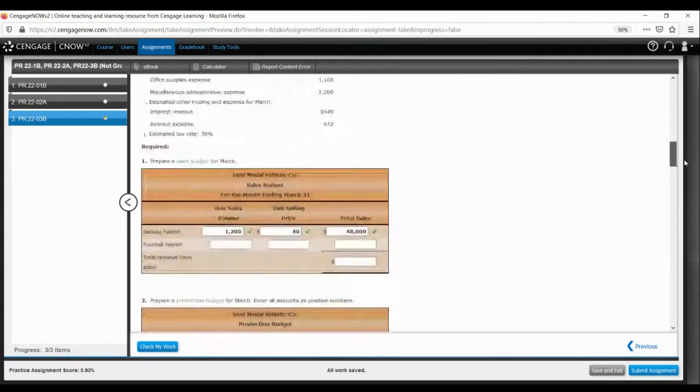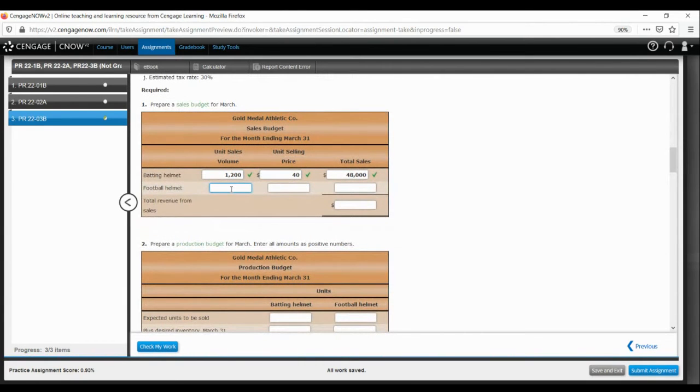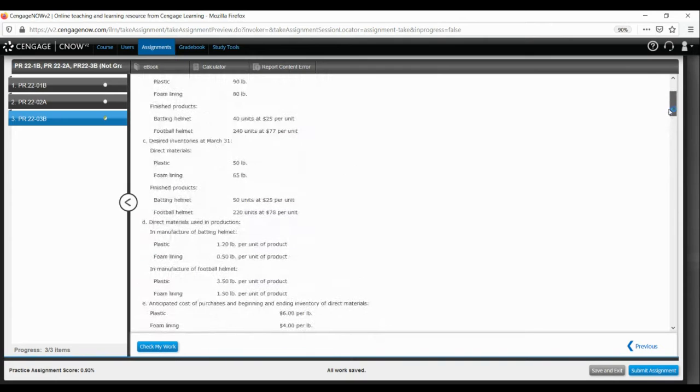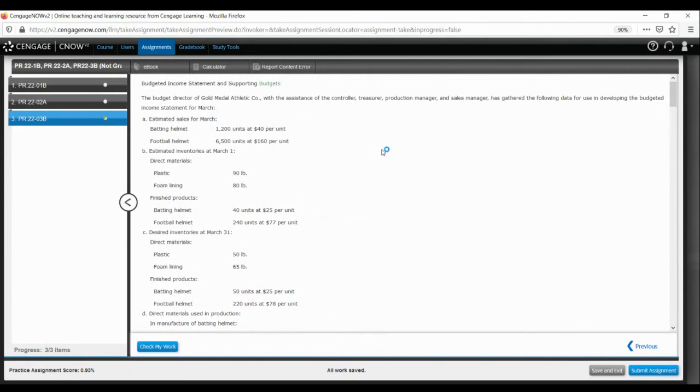So we're going to simply put in 6,500 units, and we're going to use the selling price again that was given to us in Part A at $160 per unit.